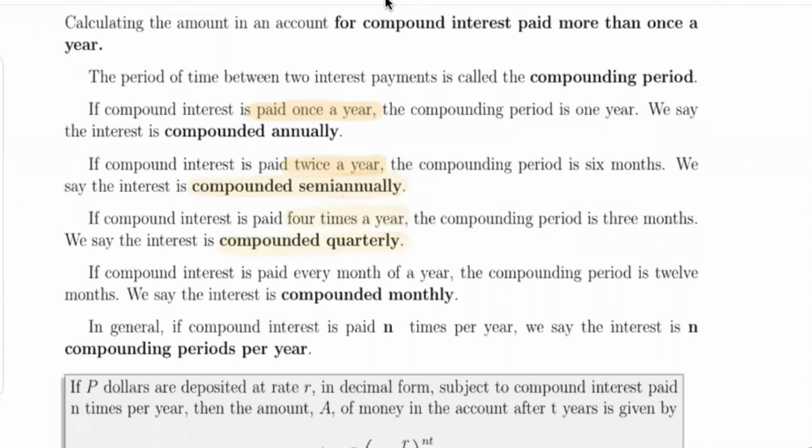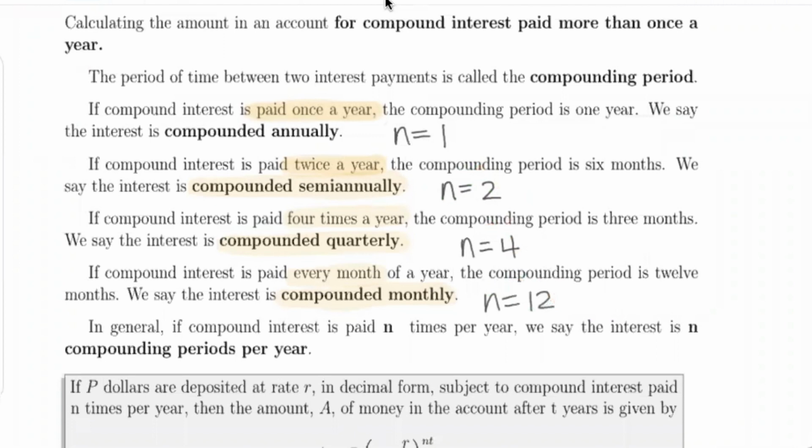If compound interest is paid every month, we call it compounded monthly. Do you understand these terms? If it's compounded annually, n equals 1. Compounded semi-annually, n equals 2, twice a year, every 6 months. Compounded quarterly, n equals 4. Compounded monthly, n equals 12.